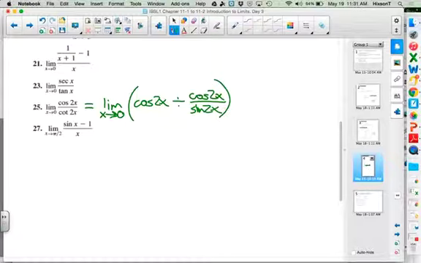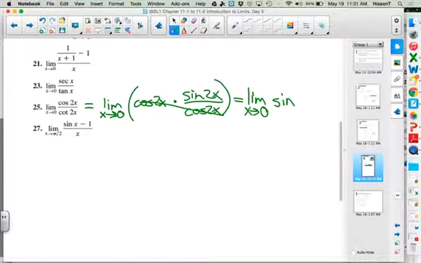I flip and multiply, so that's times sine of 2x over cosine of 2x. That cancels, and it gives you minus. Now look, is sine continuous around x equals 0?